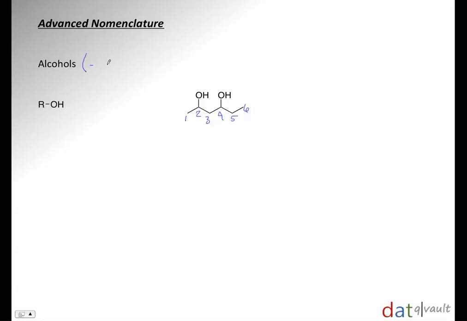If we remember from the chart, alcohols have the suffix -ol, so we're going to name this one 2,4-hexanediol. There's another way you can name this molecule by taking the 2 and 4 and putting them before the diol. So it can also be named hexane-2,4-diol.